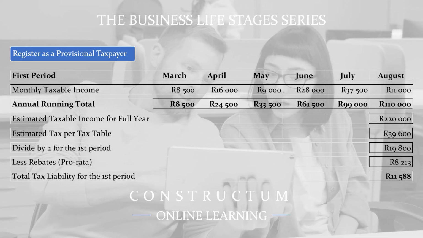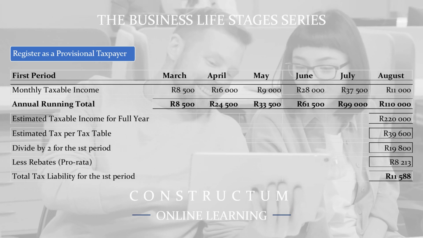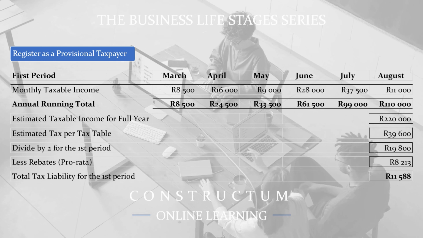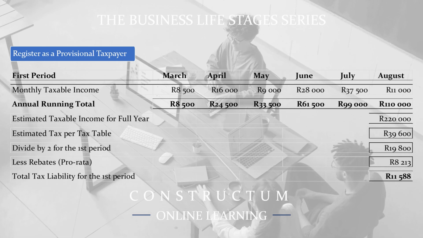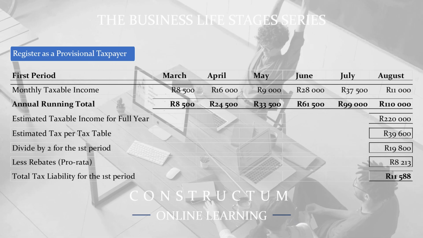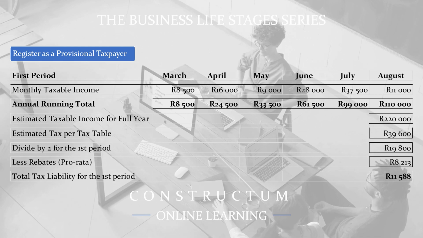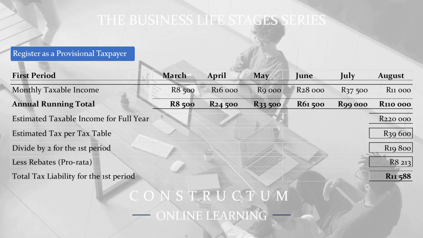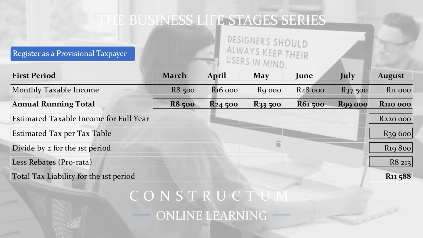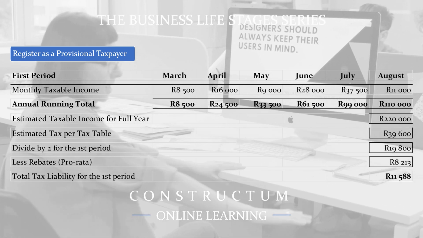Plus, we know that Joe is below the age of 65, so we can deduct the primary rebate, but we divide the primary rebate by 2 to get a pro rata amount for the first 6 months. So the pro rata amount is 8,213 Rand. So deducting that pro rata rebate from the 19,800, we get to a total tax liability for the first period of 11,588 Rand.